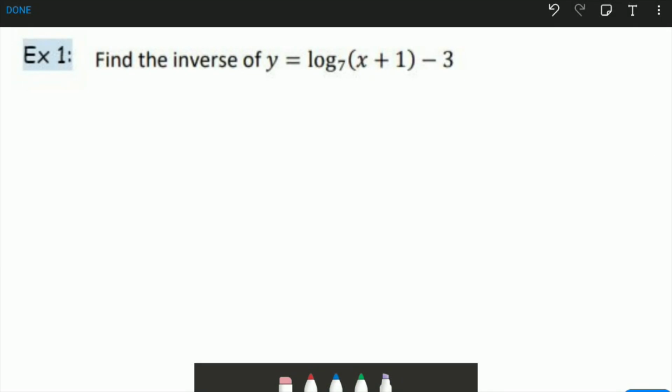In this example, we're supposed to find the inverse of y equals log base 7 of, in parentheses, x plus 1, then outside my parentheses, minus 3. When we go to find the inverse, we're going to start by switching the x and y. So instead of y equals, it's going to become x equals log base 7 of y plus 1 minus 3.